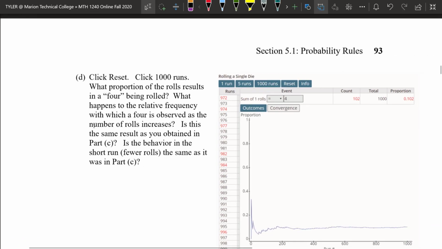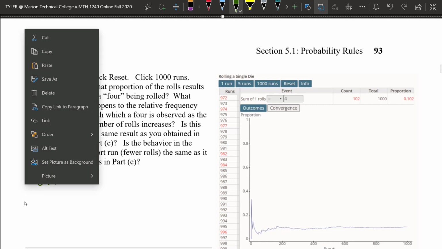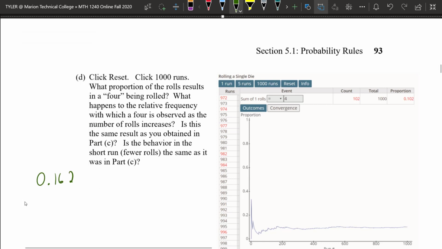So after doing this again, what we get is 0.162 for the proportion. So the result is not the same as part C. The behavior in the fewer rolls is not the same either.